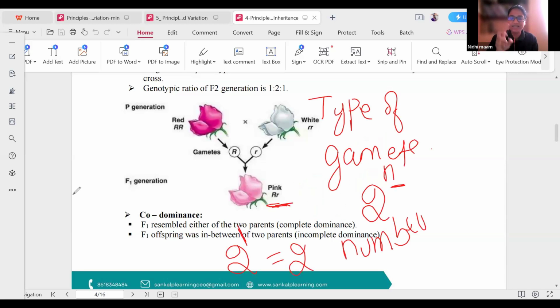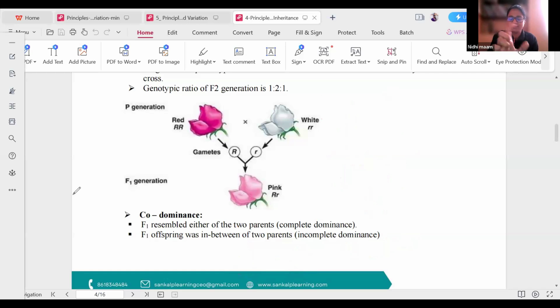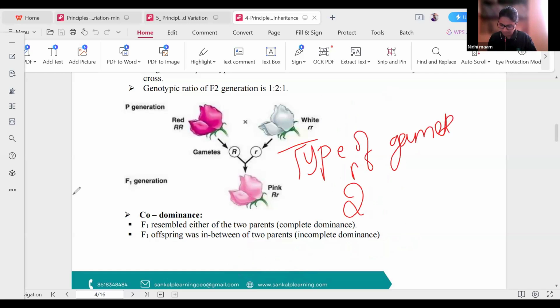So we will get 2 types of gametes. I will explain this during the CET crash course. Make a note of it somewhere. Formula for type or number of gametes: it can be calculated by 2^n, where n is the number of heterozygotes.